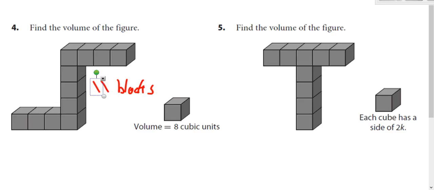That's really a conversion factor right there. This is saying 1 block equals 8 cubic units. 1 block, or 1 cube, or whatever you want to call it, is 8 units cubed. And here we have 11 blocks.